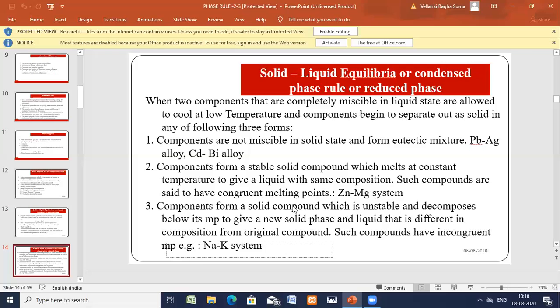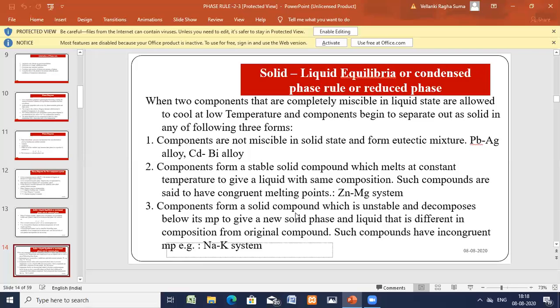In the third, the components form a solid compound which is unstable and decomposes below its melting point to give a new solid phase and a liquid of different composition from the original. That is the incongruent melting point system.